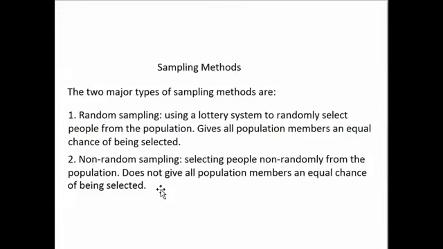If I put up an advertisement at a college campus and I say that I need people to take a survey, then that's also not random because not all people in the university's population will have an equal chance of being selected. Some students will be more likely to see the advertisement, and other students will be more likely to not have the opportunity to see the advertisement.